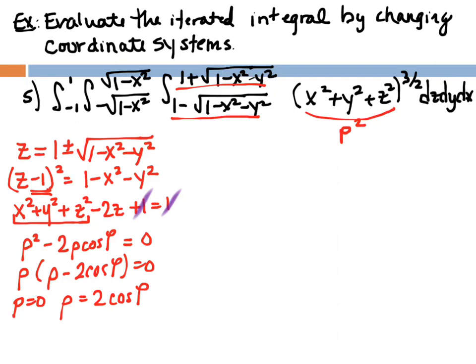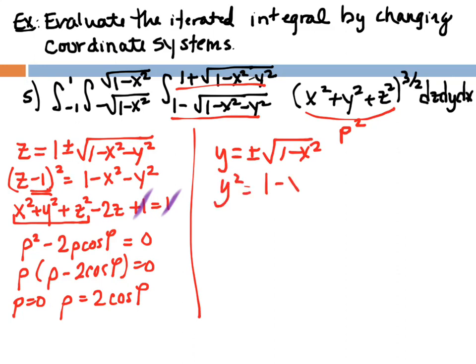The next piece of information, we're actually going to work our way sort of backwards in our limits of integration, is that I have y equal to plus or minus the square root of 1 minus x squared, and if I square both sides, I have y squared equal to 1 minus x squared, or x squared plus y squared equals 1. And this, of course, is a circle. It's a circle centered at the origin, of radius 1.